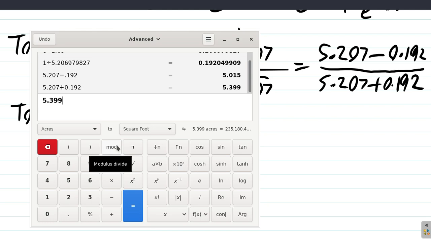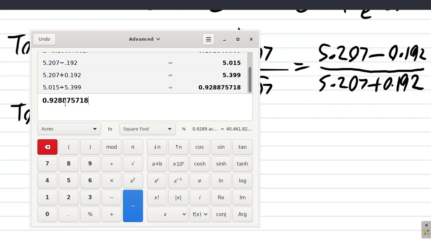So it is 5.015 over 5.399. What happens when you do that? 5.015 divided by 5.399 equal 0.929 to 3 decimal places.